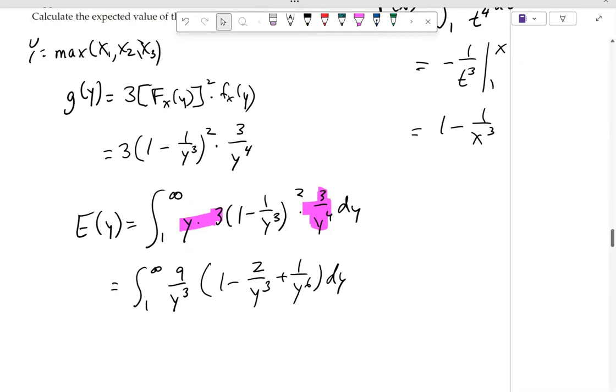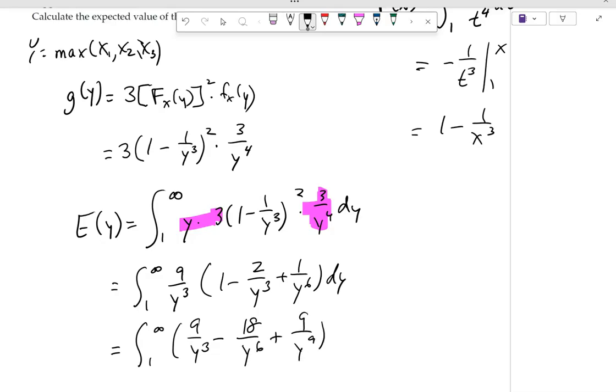And then distribute. So distribute that 9 over y cubed over everything.